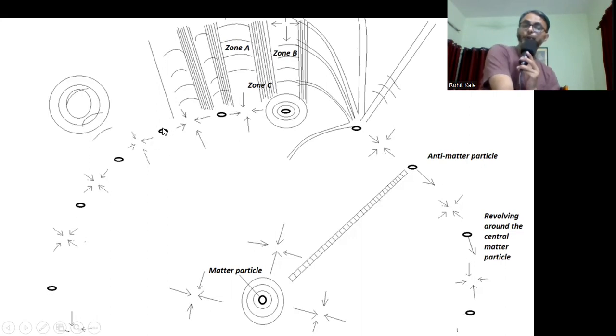Here a huge amount of creation is happening per Planck time. If creation is happening, they will push all the surrounding Planck compartments. So here there will be a positive energy wave, the negative energy wave, or rather time contraction wave. Here there will be a time dilation wave. Here there will be a time contraction wave. If there is a time contraction wave here, the space is actually expanding.